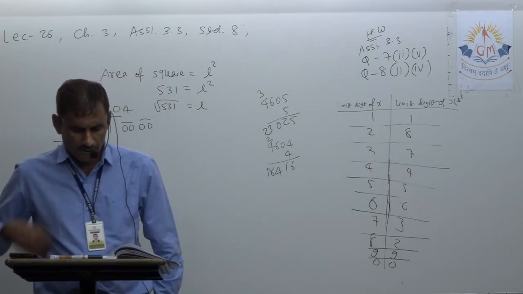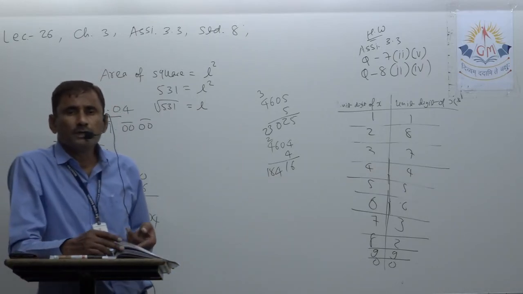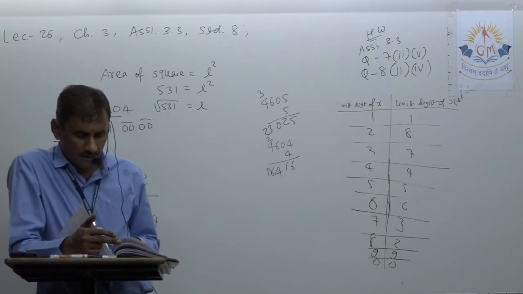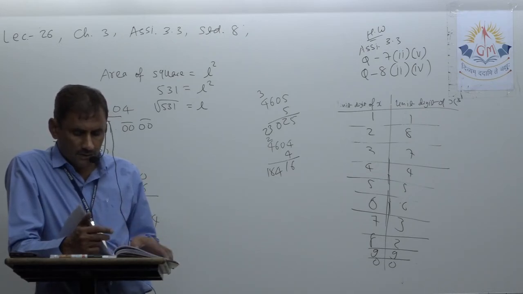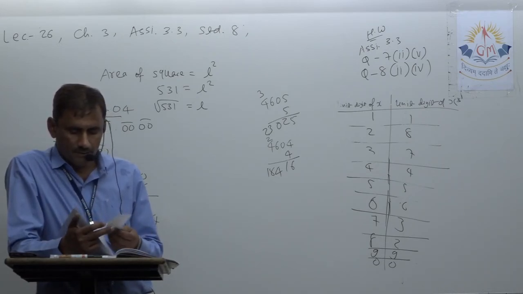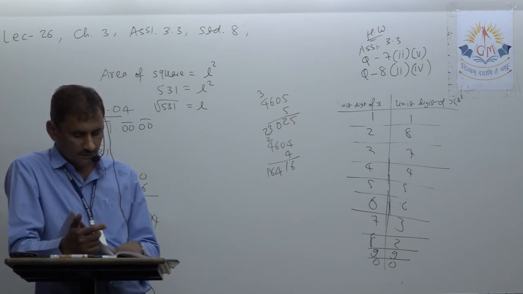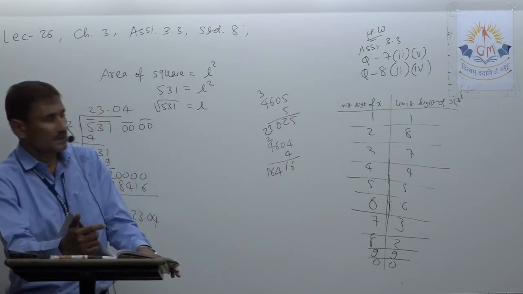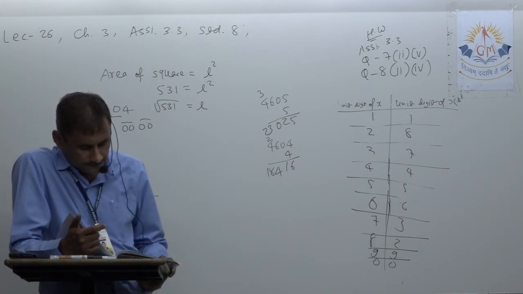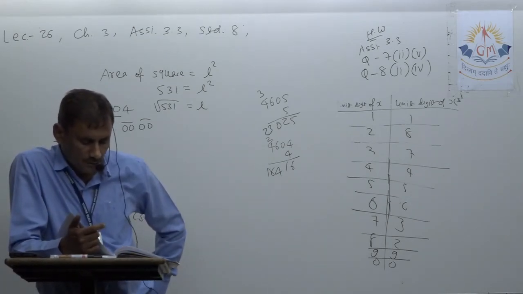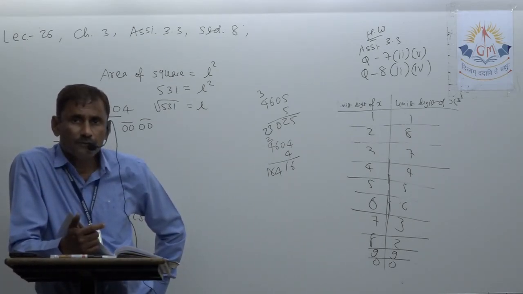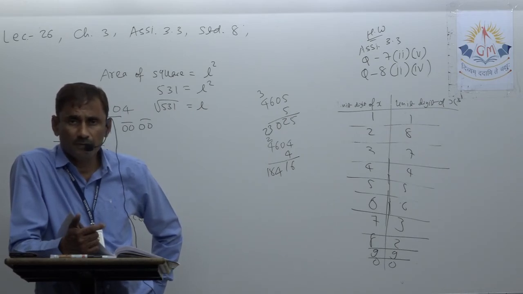But so far, what you learned up to assignment number 3.3, let's look first at the initial pages of the textbook, at page number 48. They have given the squares of 1 to 20, that you have to remember.